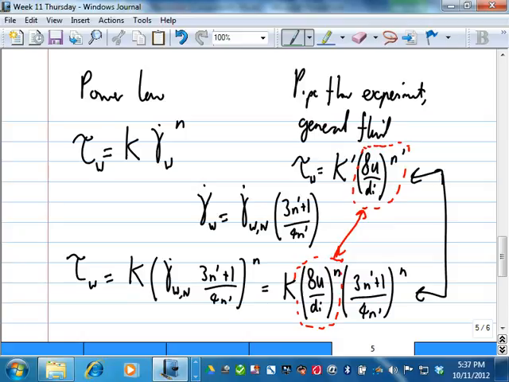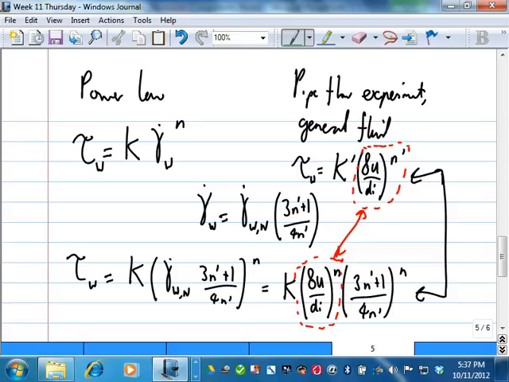This one is basically the correction factor, and this one is basically the correction factor. This one is du over dr, the velocity gradient on the wall for Newtonian fluid, and this one is the strain rate at the wall for the pipe flow experiment that you did.